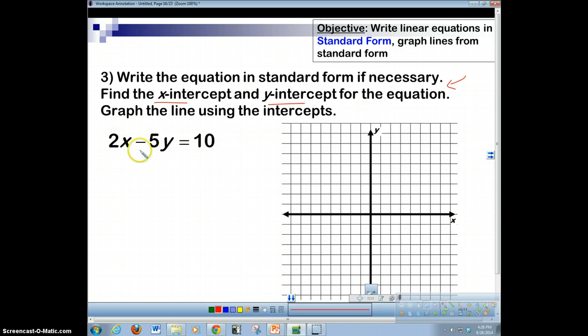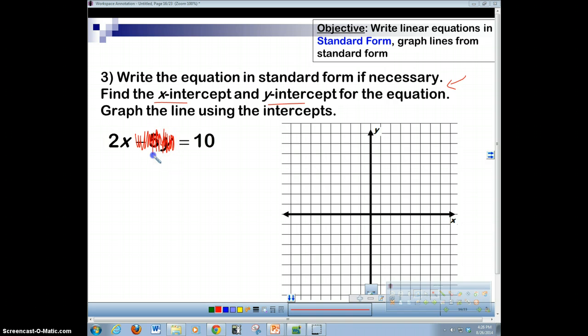For the x-intercept, I've got this little trick you can do. Basically, to find the x-intercept, you're just going to cover this up with your hand.